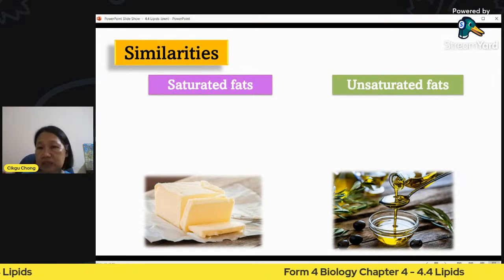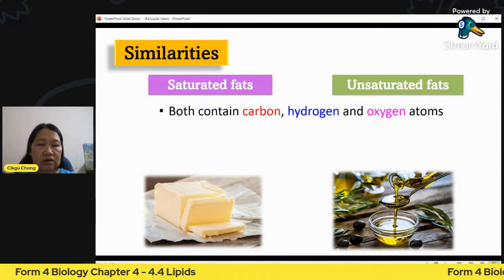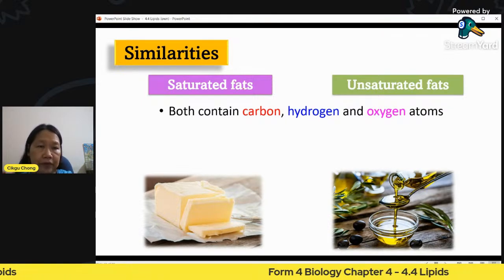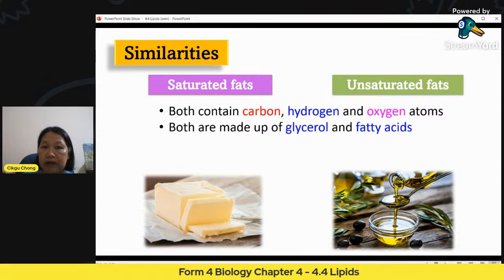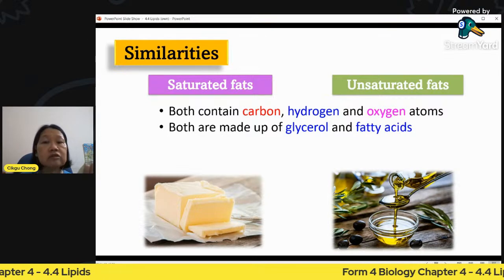Let's look at the similarities first. All the fats contain carbon, hydrogen, and oxygen. Of course, carbon and hydrogen are way more than the oxygen atoms. And they are both made of glycerol and fatty acids. The fats are all made up of 1 molecule of glycerol and 3 molecules of fatty acid.